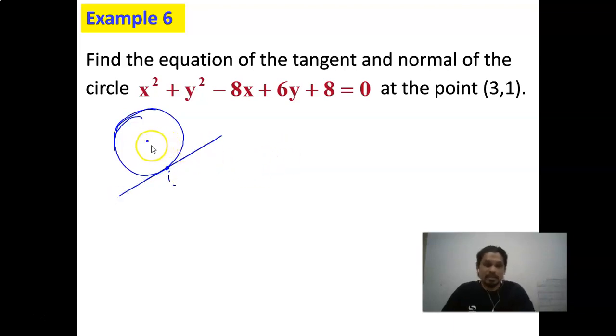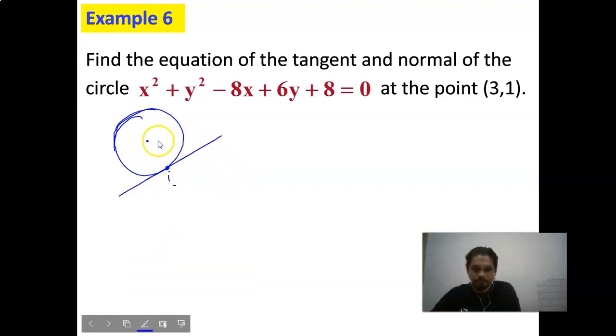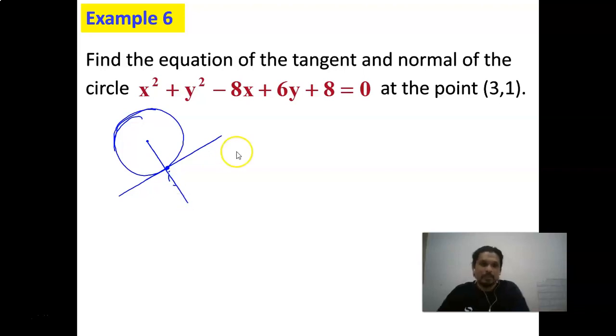Just imagine a line that forms 90 degrees, sorry for that. Okay, it touches at this point, and between this line and this line forms 90 degrees.